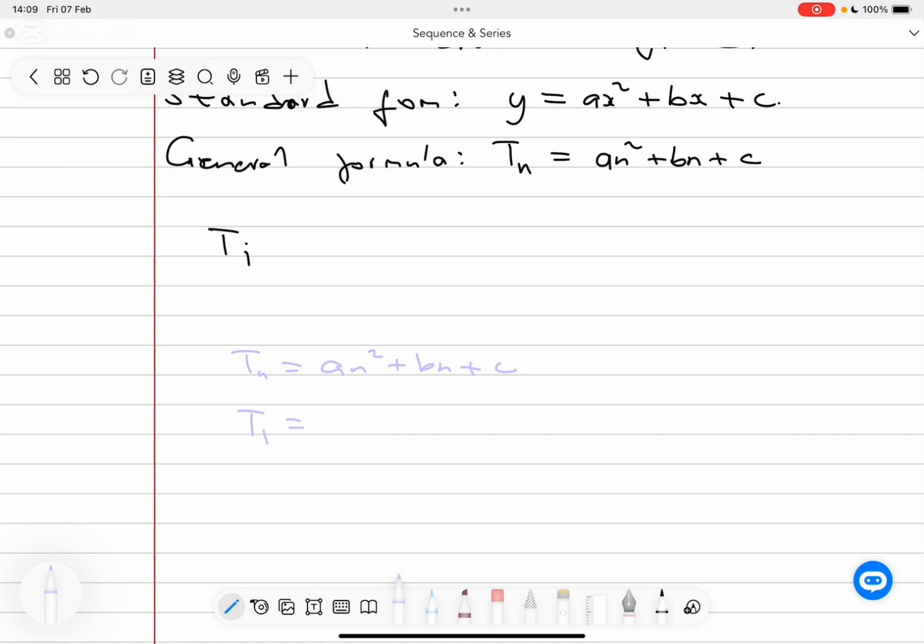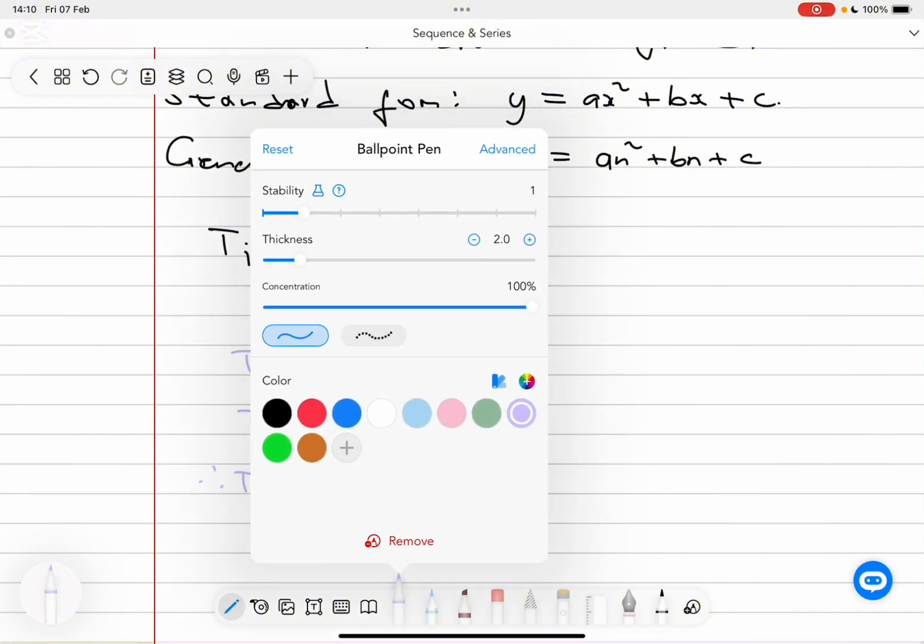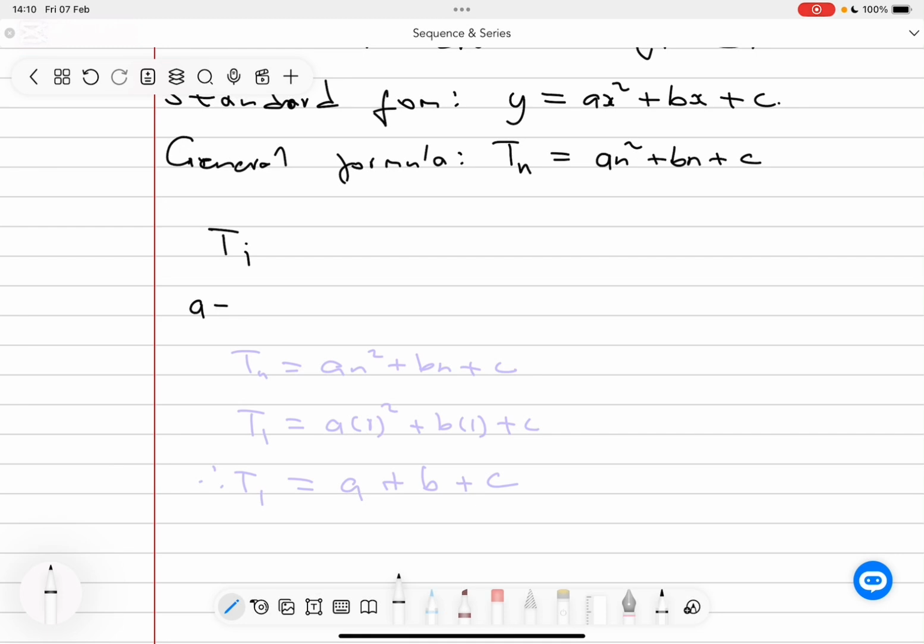So this means we're going to have T1 is equal to, where I see the n, I put a 1, because we're looking at term 1. This will simplify into a, because 1 squared is going to be 1. So we're going to have an a there. And any number multiplied by 1 is that number, so we're going to have a b there. And here we're going to have a c. This means that our first term will actually be a plus b plus c.